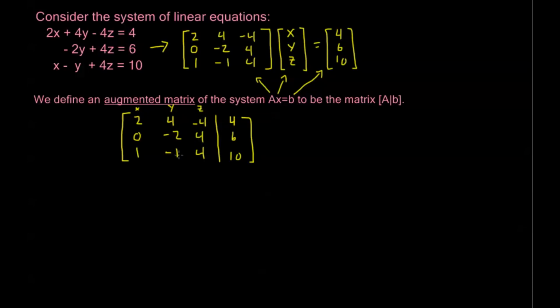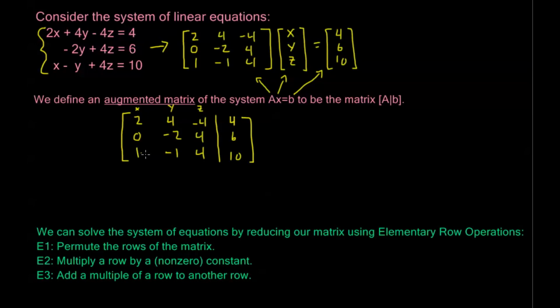So what I'm going to talk about next is we can think of it as just doing it to the original system, right? We have the system of equations up here. And what we want to do is reduce this matrix using what we call the elementary row operations. We have 3 elementary row operations. The first one, we can permute the rows of the matrix. So I can take any of these rows and exchange it with any of the other rows.